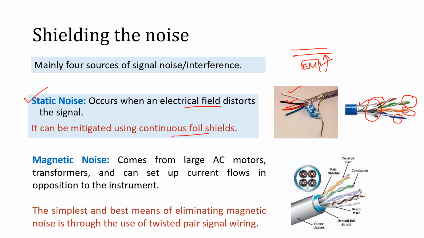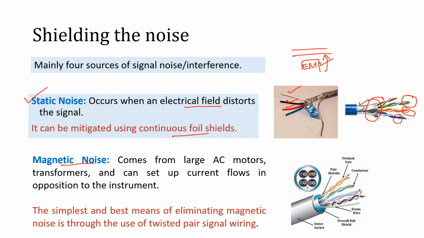The next is magnetic noise. It comes from AC motors, transformers, and whenever there is a flow of current in electric machines, an EM wave flows, and there is a magnetic field around that particular device, that machine. So that magnetic interference gives you the noise.